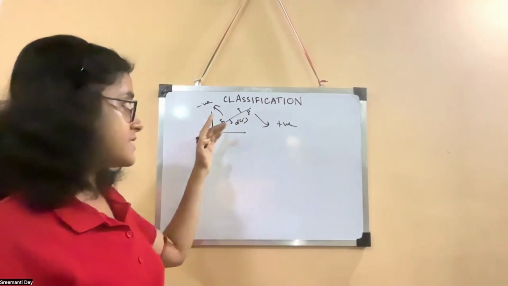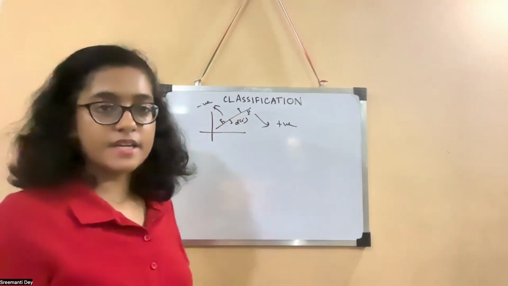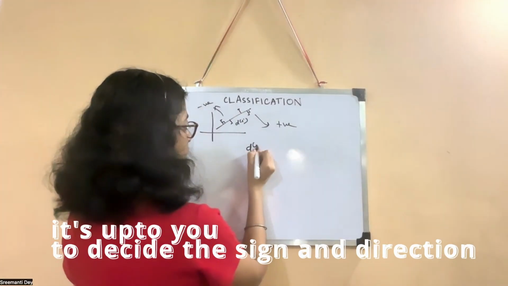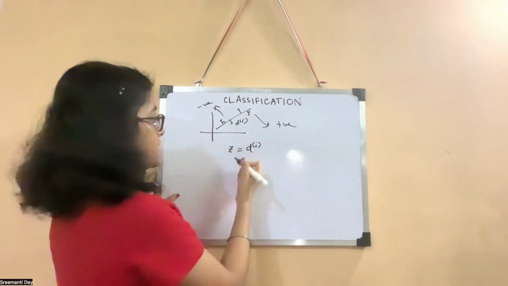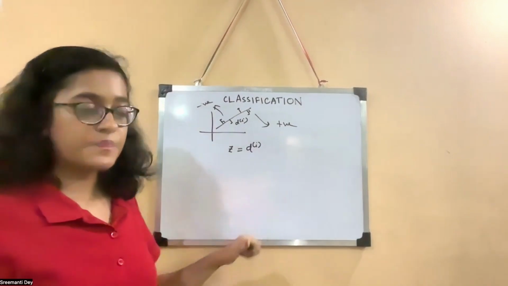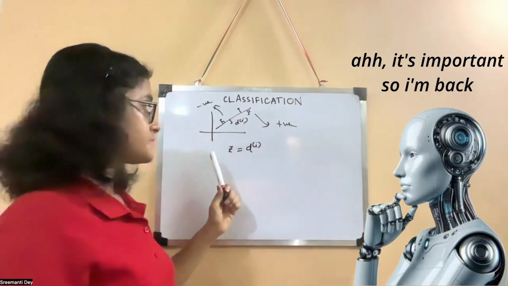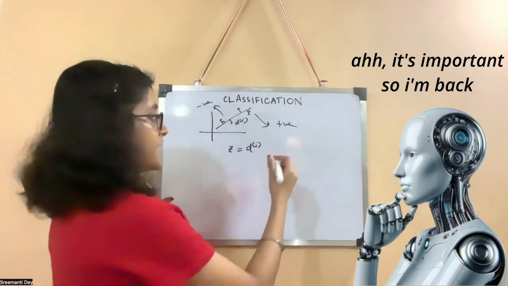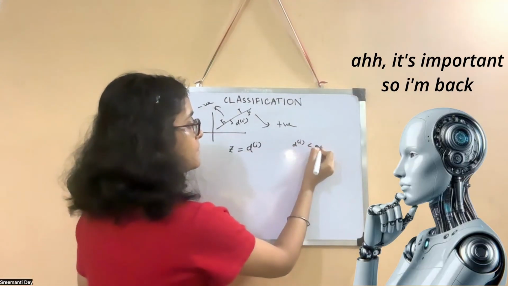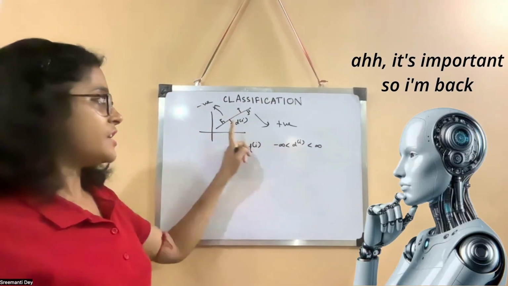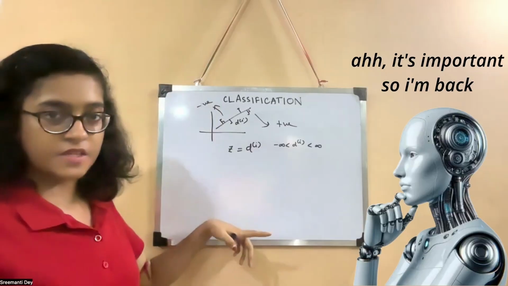So let's just say this side of the line is positive and this side of the line is negative. And then this di, let's denote z as di. Now this is very important to understand, so listen carefully. This di can range from positive infinity to negative infinity. So we are trying to find a function.